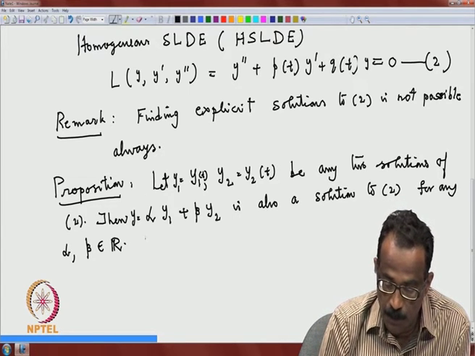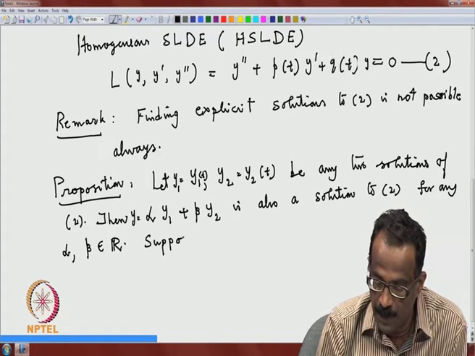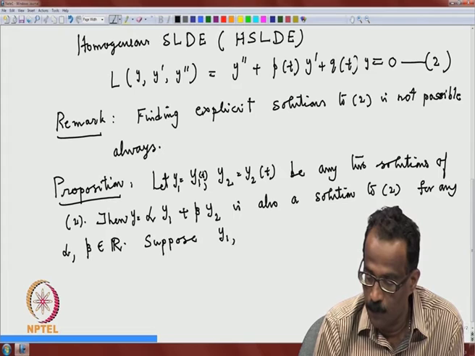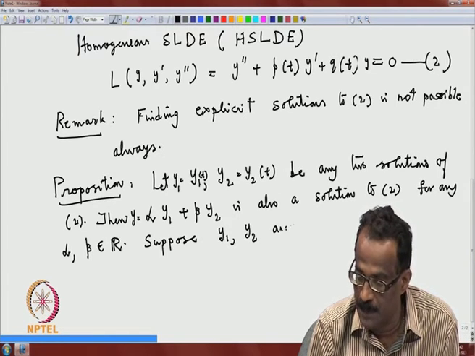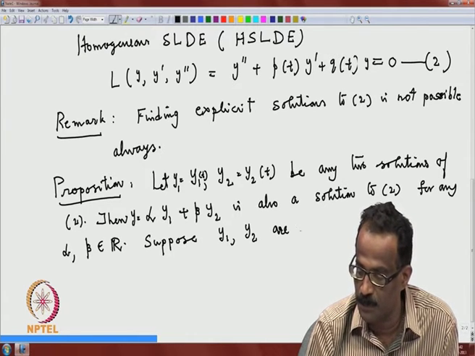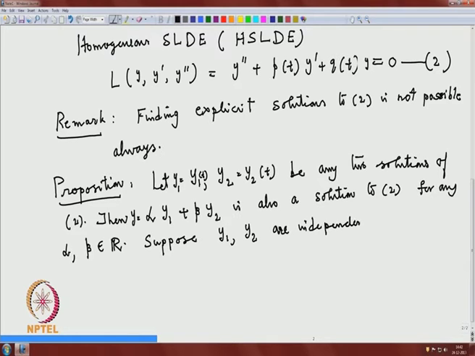Suppose y1 and y2 are independent solutions of 2. In the earlier case we were not demanding that y1 and y2 be independent; any two solutions you take, their linear combination is also a solution.